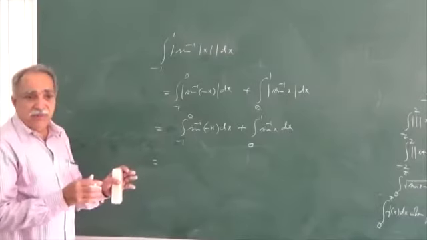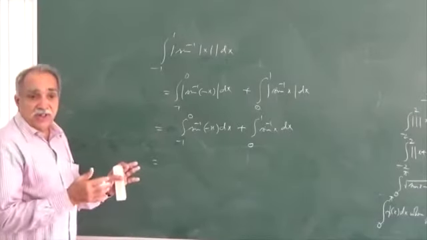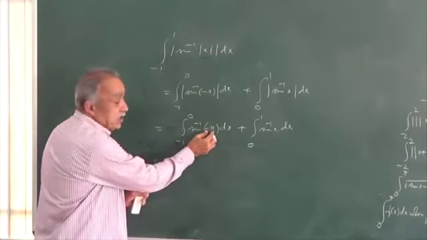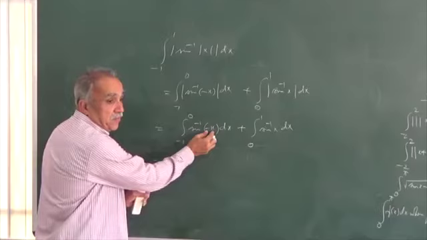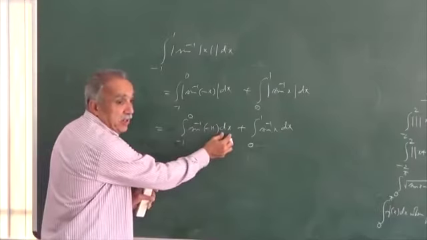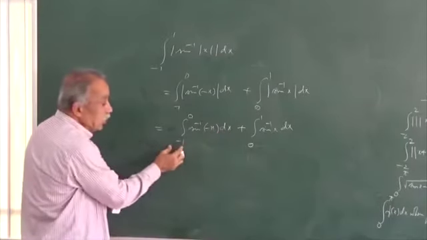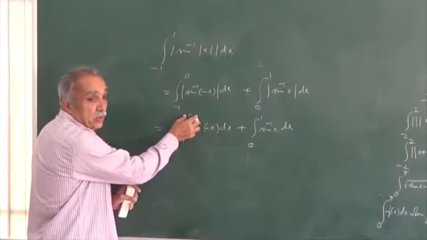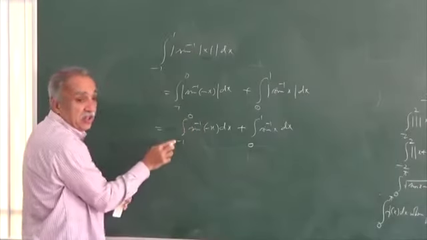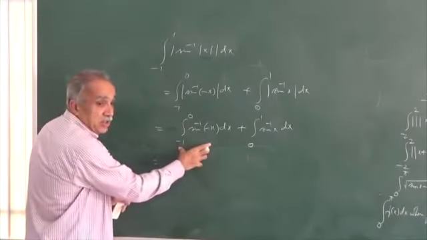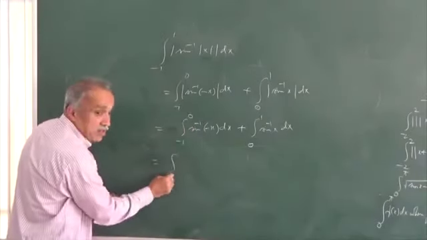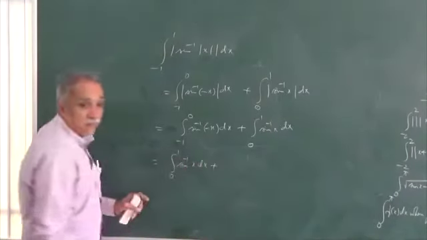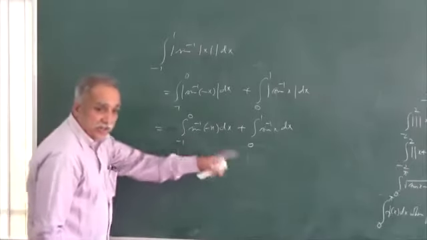Just to simplify the computational exercise little bit, I apply a substitution. Replace this by t. As a result, dx will become minus dt. New lower limit will be plus 1. New upper limit will be 0. You interchange the limits, you will find this integral is exactly same as 0 to 1 sin inverse x dx, plus itself.